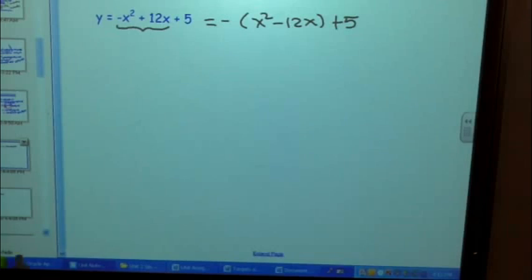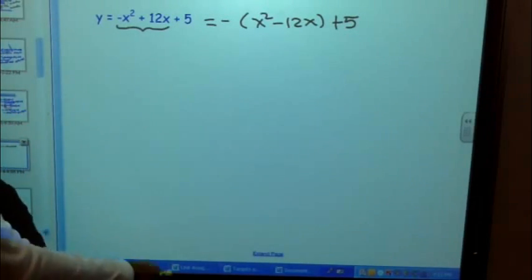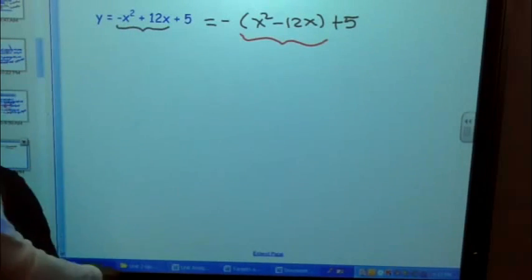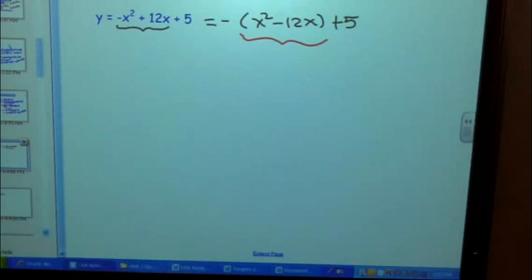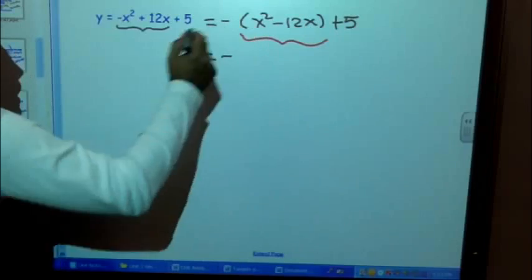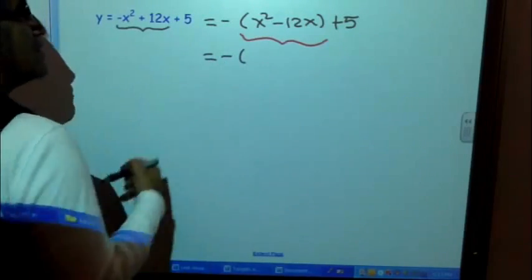Very good. So now I can see that in the bracket I have a positive leading coefficient, which I already know how to do, how to complete the square. So I will do that.